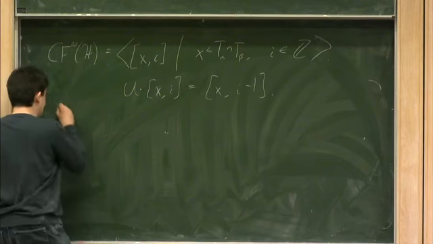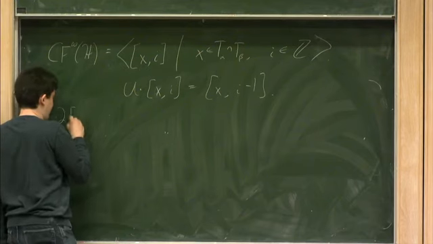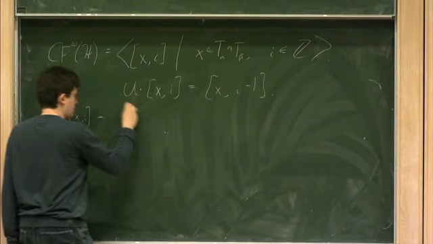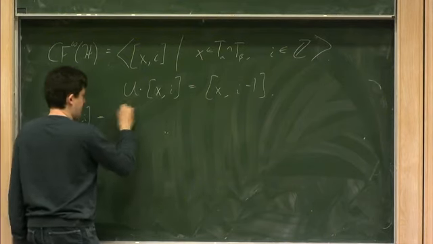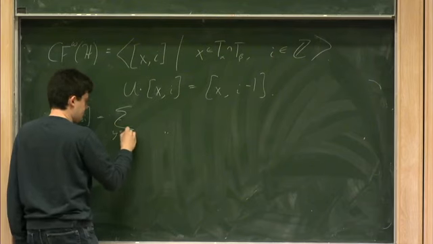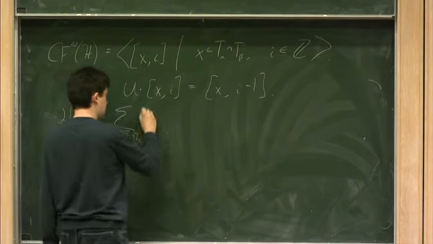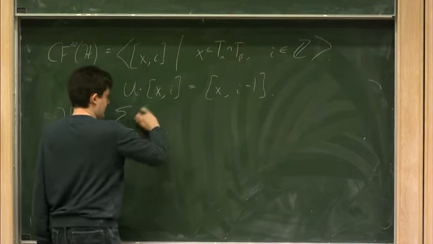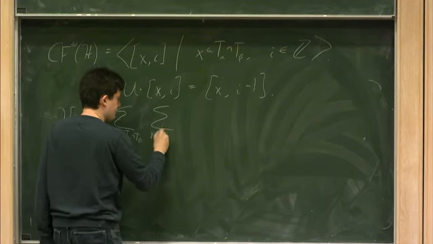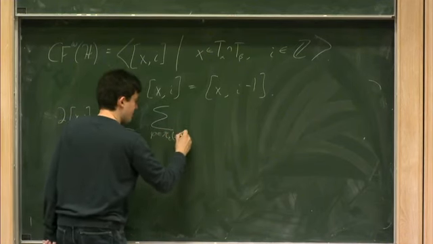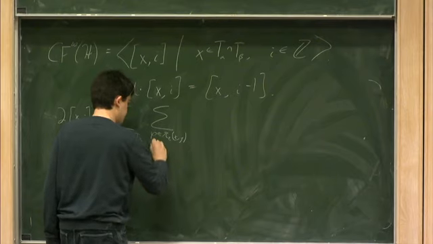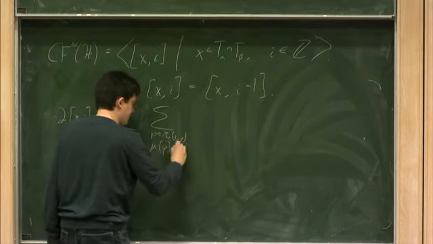Okay, and now the differential is going to be the sum over all again. Okay, so we're going to take the same kind of sum. Again, we need the Maslov index of phi to be equal to 1.